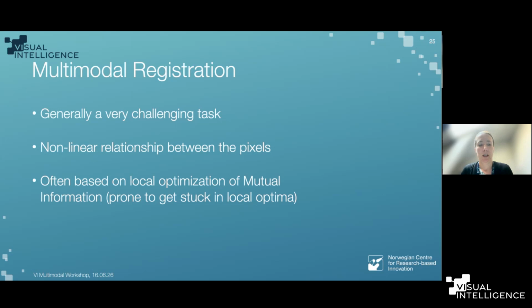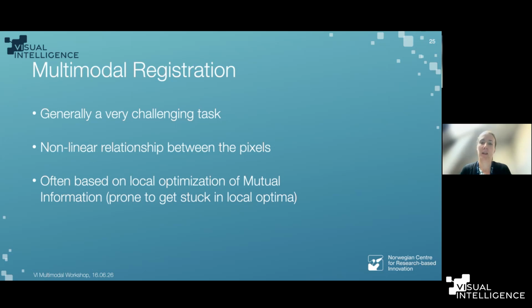So you don't have this long list of different approaches anymore, but it's all based on some local optimization of mutual information. And the mutual information between those multimodal images is really just a proxy.